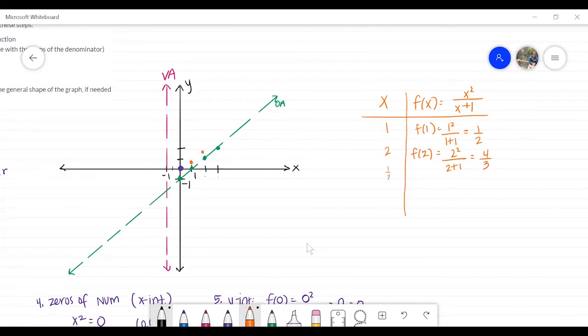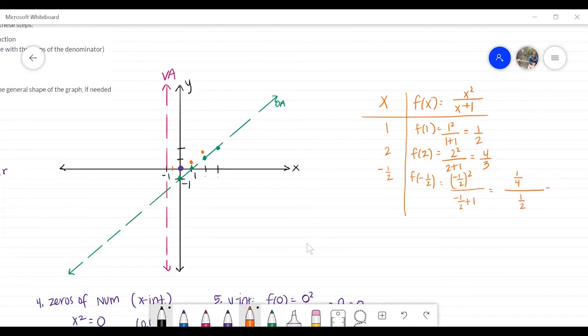What would happen if we plugged in negative 1/2? That would be this value back here. So f of negative 1/2 would be negative 1/2 squared divided by negative 1/2 plus 1. Well, on the bottom, that's just a half, and this is a fourth.